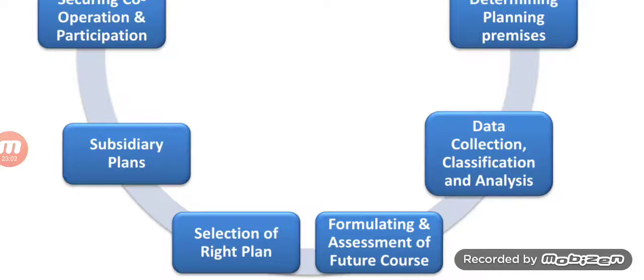It may be possible that more than one alternative plan is appropriate for the particular concern objective. At that time, one has to analyze these alternatives with reference to planning premises and consider the best fitted plan.